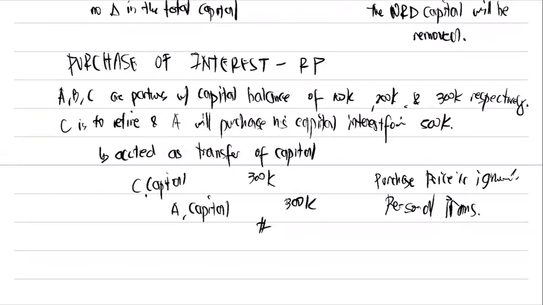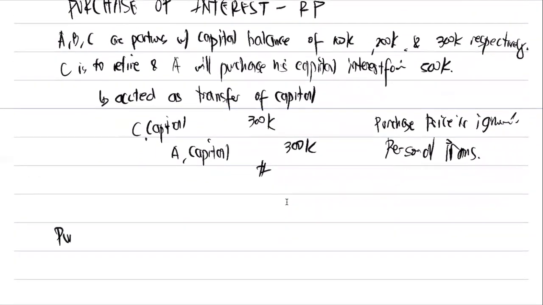So it is the same with your purchase of interest on your admission of a new partner. So admission by purchase of interest. They are almost the same, except here one partner will really be removed. There is no new partner, but the number of partners decreases. So this is retirement, withdrawal, or death. Purchase of interest by the remaining partners. How about if that is a purchase of interest by the partnership?